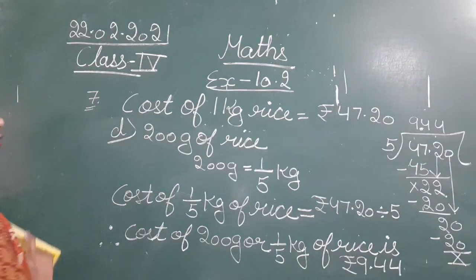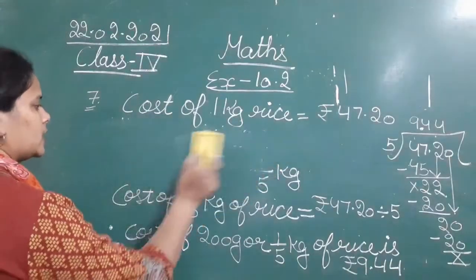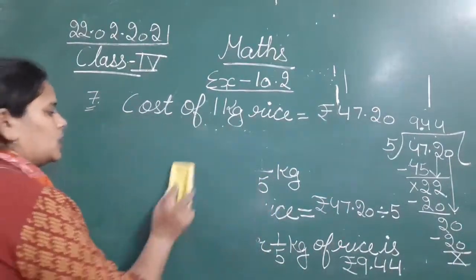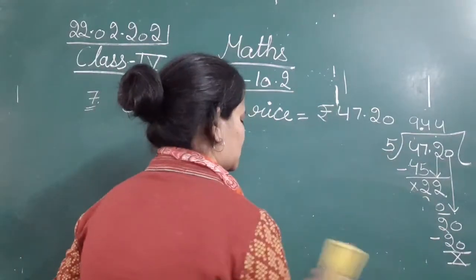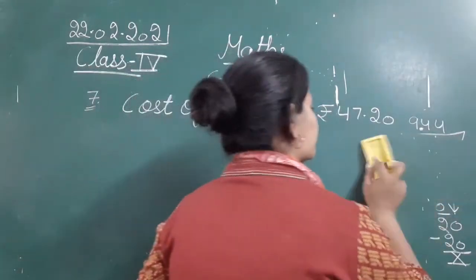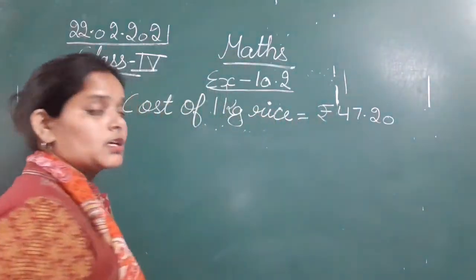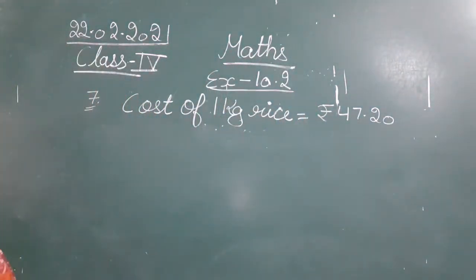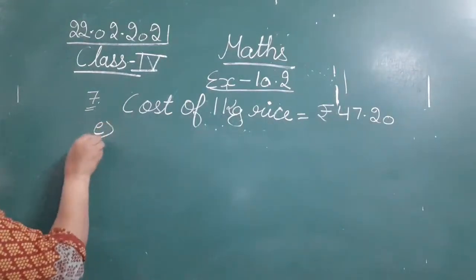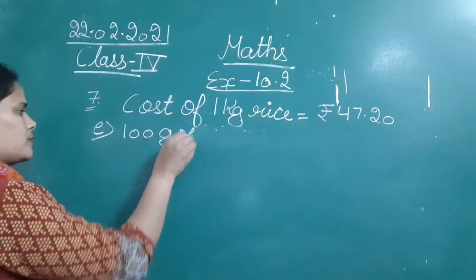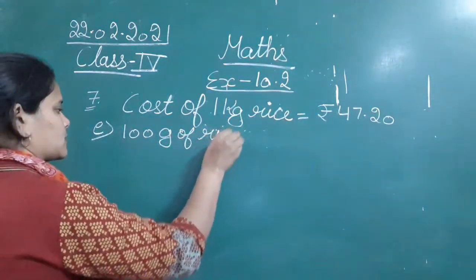In the E part we need to calculate the cost of 100 gram of rice. So let's do the last part, that is 100 gram of rice.